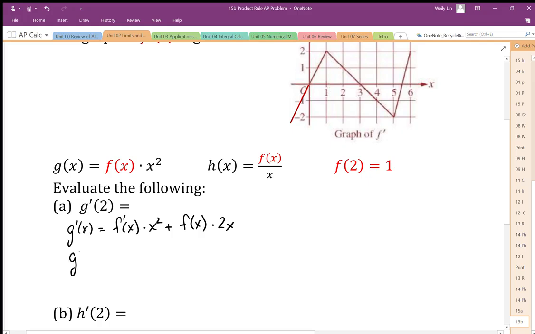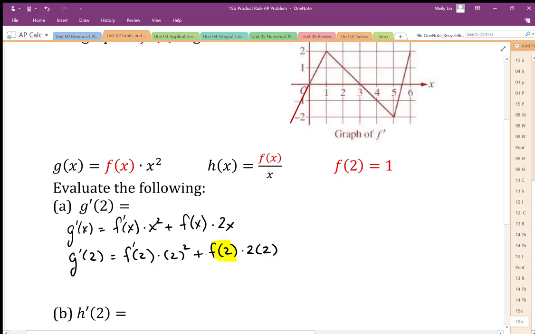If I want to find the value of g prime at x equals 2, well, I need to know the slope at x equals 2. Well, I know x. I also need to know the f value at x equals 2. So this is the one that's a bit of a problem because we don't really have very much information about the y value of x.